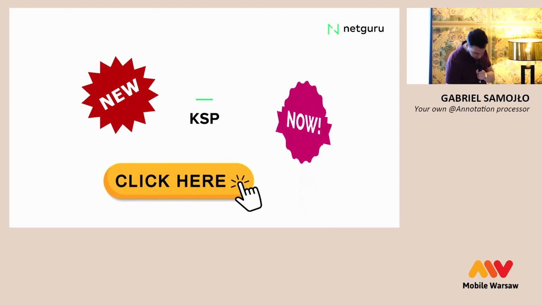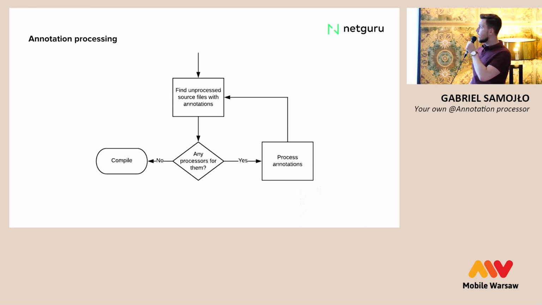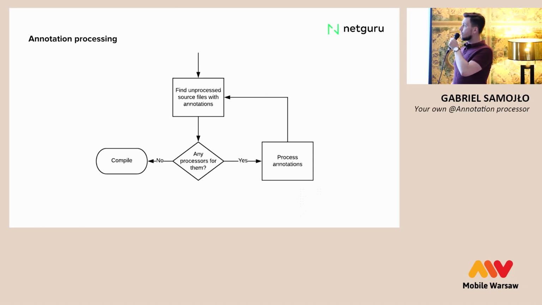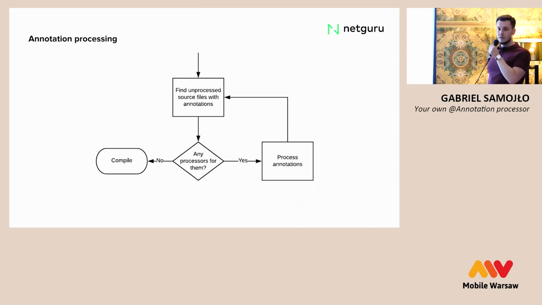So, how does it even work? We can look at this diagram that I stole from the internet. The first step when an annotation processor works is that during compilation, we are looking for any unprocessed source files with annotations.